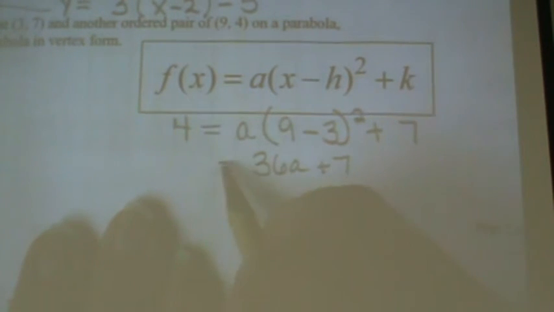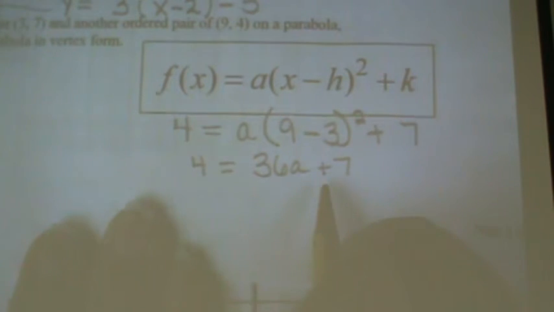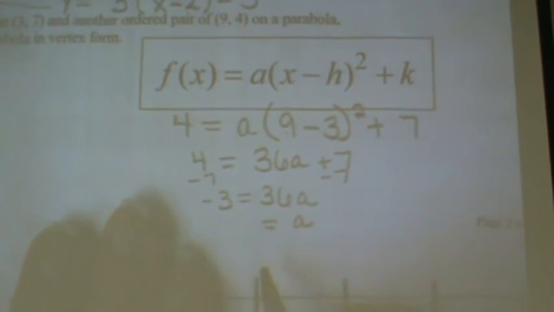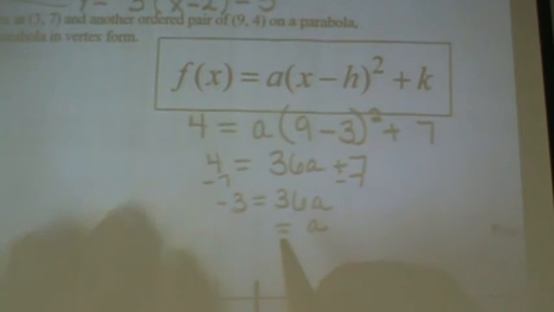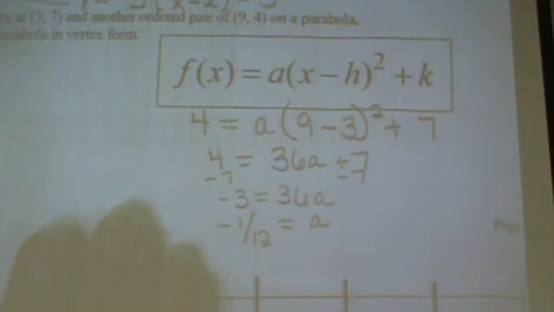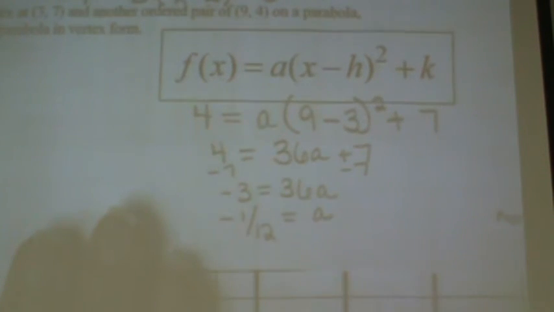Then what? Minus 7. Minus 7, and you get, what's a? Is it -12? No, it's -1/12. It's bottom heavy. So I brought the 36 divided by 36 and I reduced.